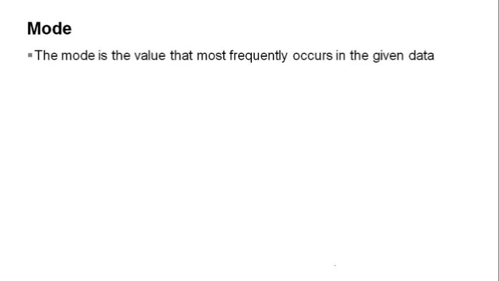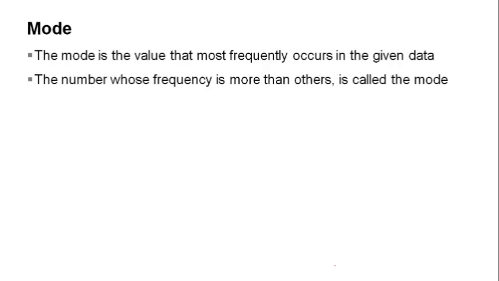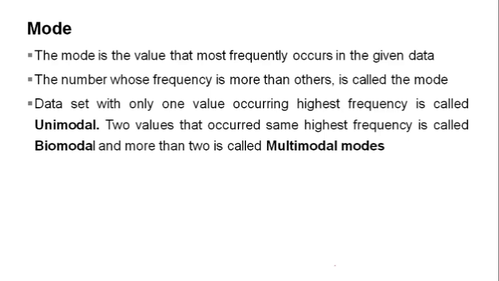Let's see the next point, mode. Mode is the value that most frequently occurs in the given data. The number whose frequency is more than the others is called the mode. It's very simple; you just have to locate it based on the frequency. A data set with only one value occurring with the highest frequency is called unimodal.